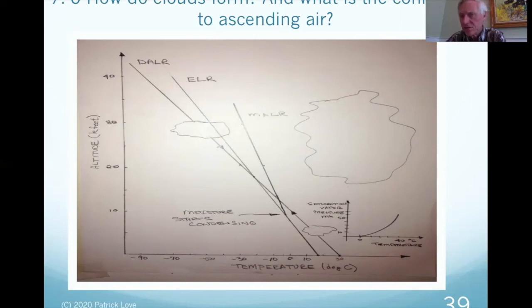Of course, it's at sea level when it starts, and it starts to go up in the atmosphere. As it goes up, the pressure reduces, so the parcel expands, and it cools. And it cools along the line called the DALR. That stands for dry adiabatic lapse rate.